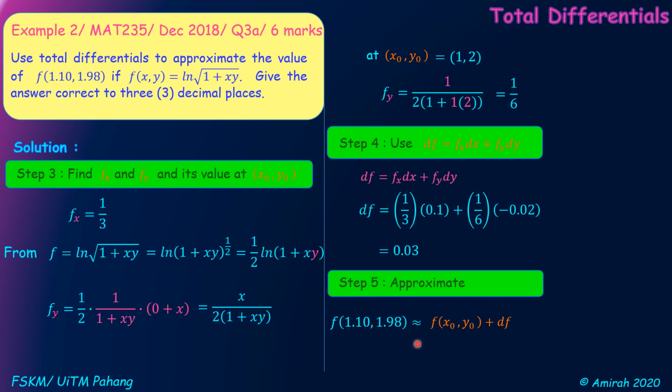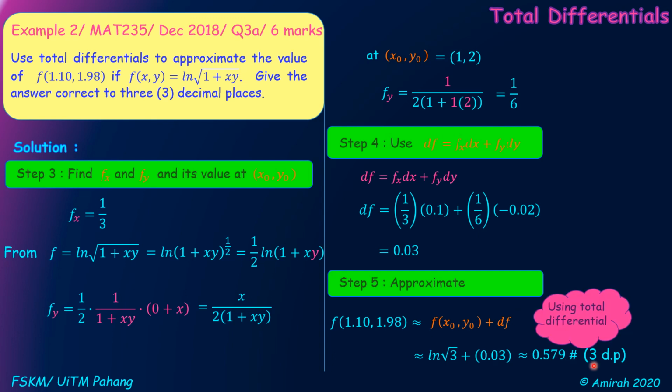Okay. Then we use approximate to f(x naught, y naught) plus df. Alright, we find f(x naught, y naught) in step 2, which equals ln sec 3. And then plus df. Okay, df from here. Okay. Then we calculate, so we get 0.579. Correct to 3 decimal places. Okay. This is the answer when we use total differential.